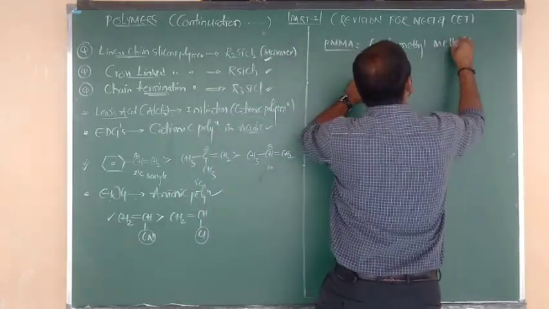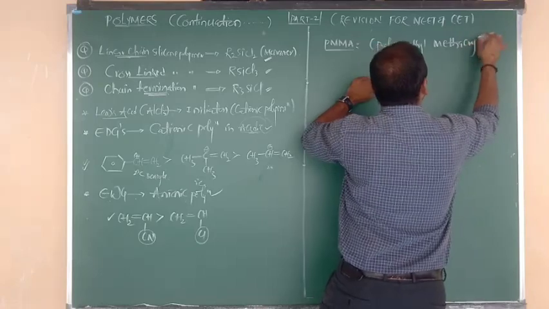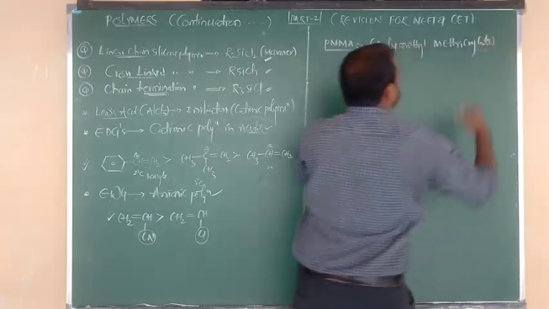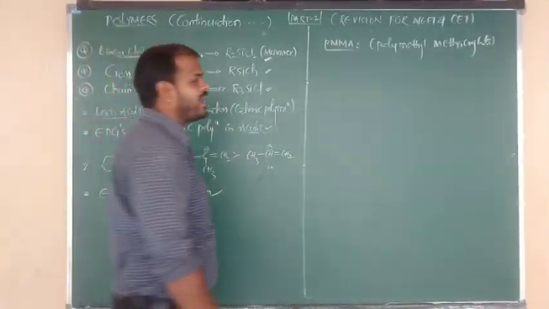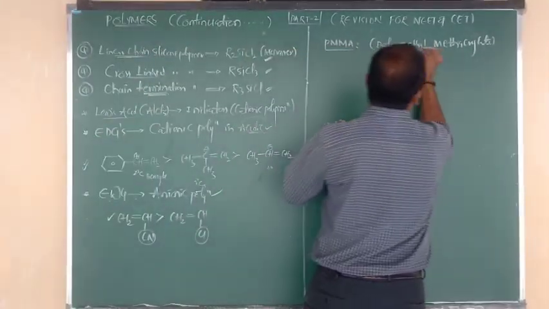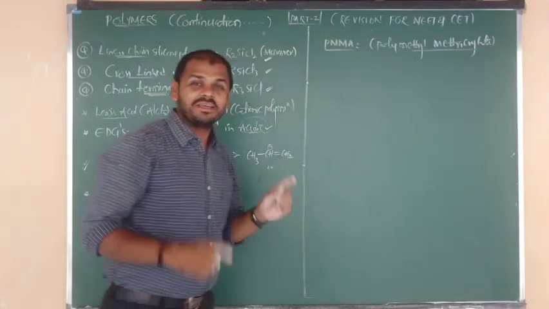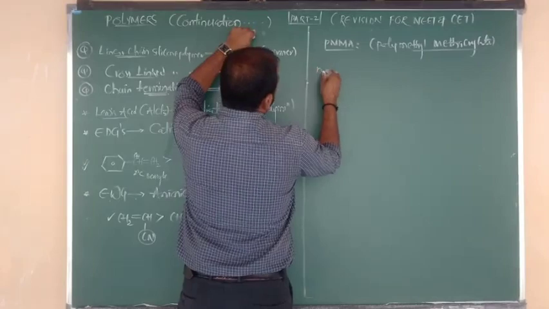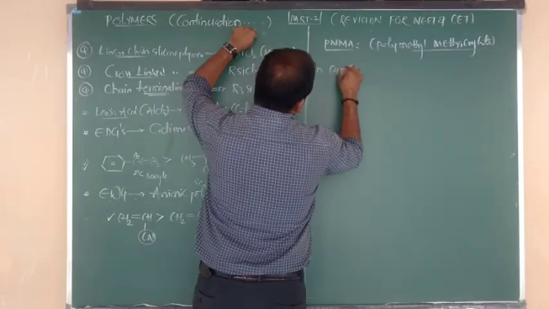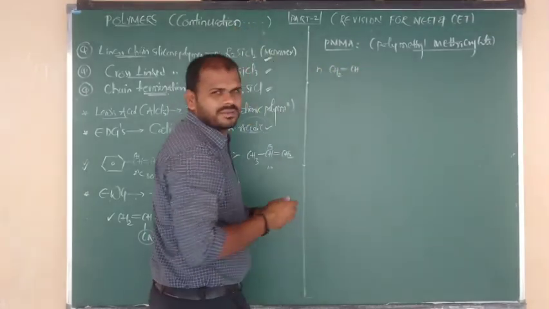MA indicates methacrylate. This is the name of PMMA. The monomer is MMA, methyl methacrylate. What is the formula? n moles of CH2 double bond CH, vinyl form.